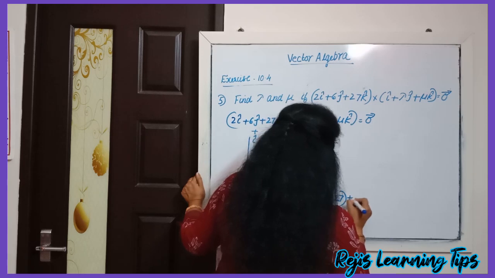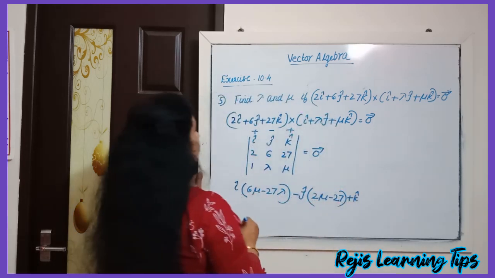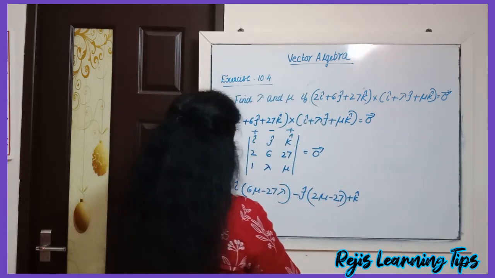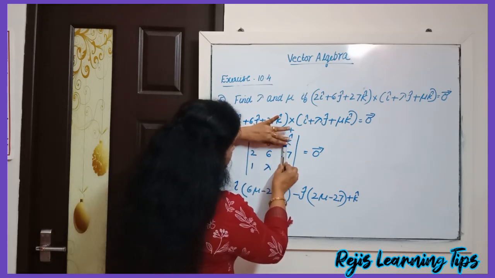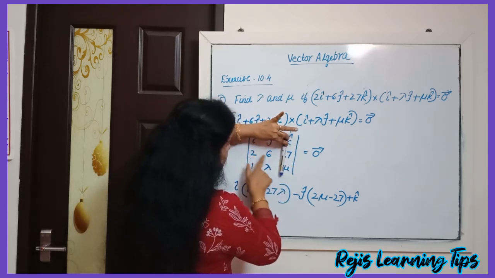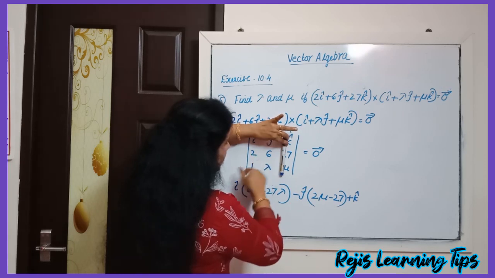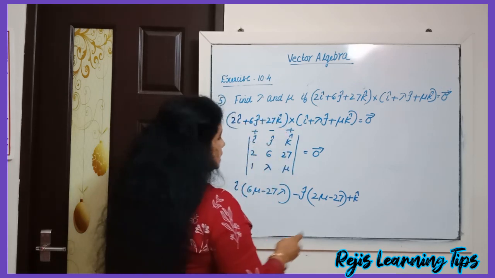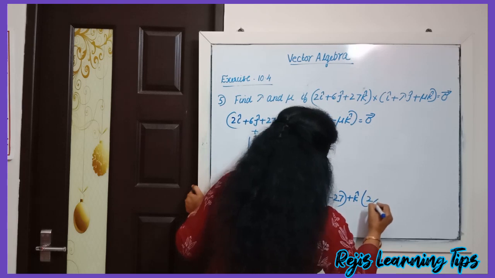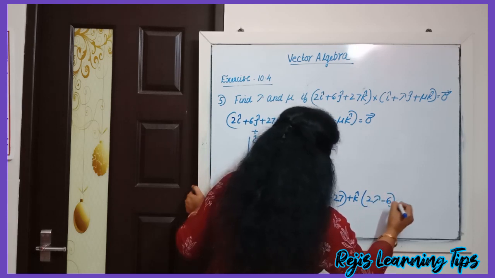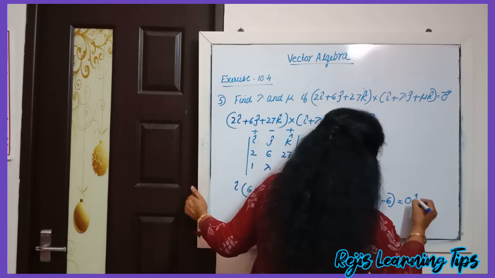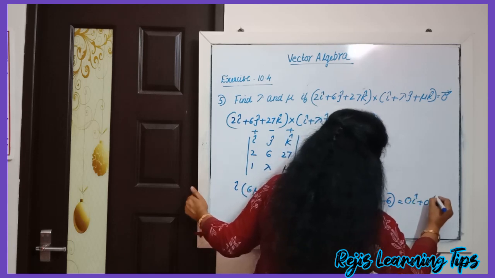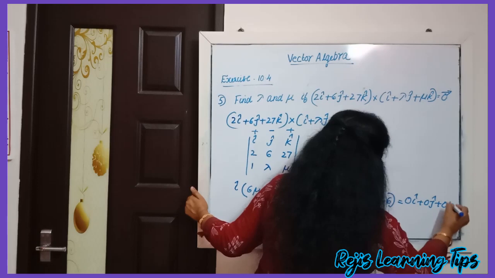Then plus k cap into, removing this column and this row, we get the determinant 2 6, 1 lambda, that is 2 lambda minus 6. That is equal to 0 vector, that is 0 i cap plus 0 j cap plus 0 k cap.